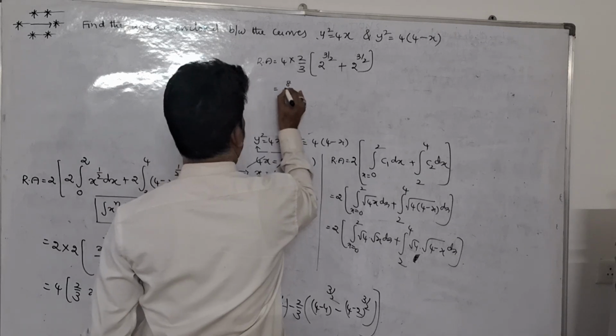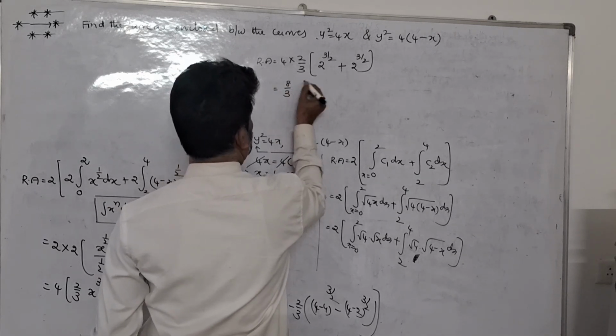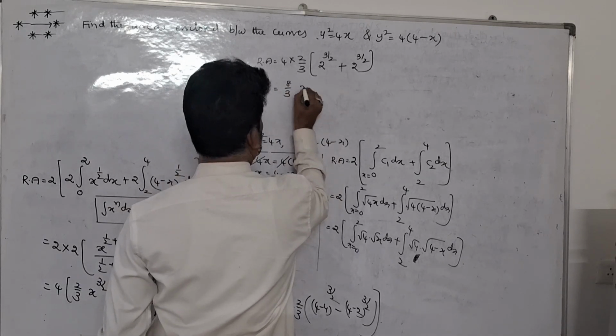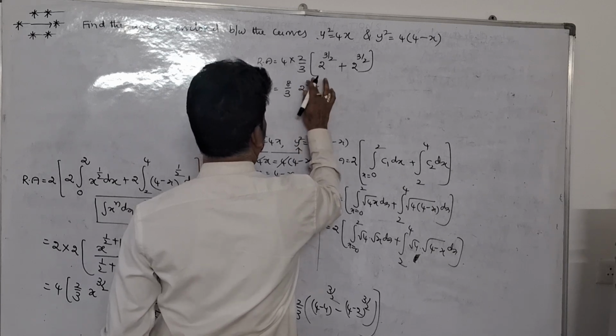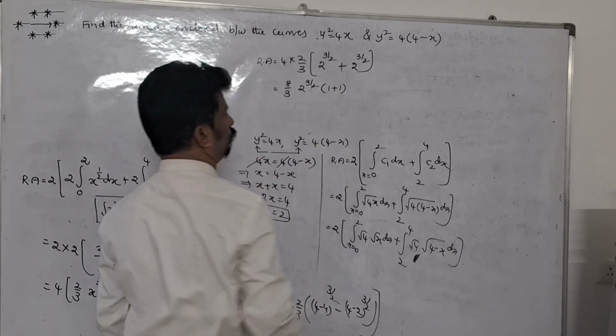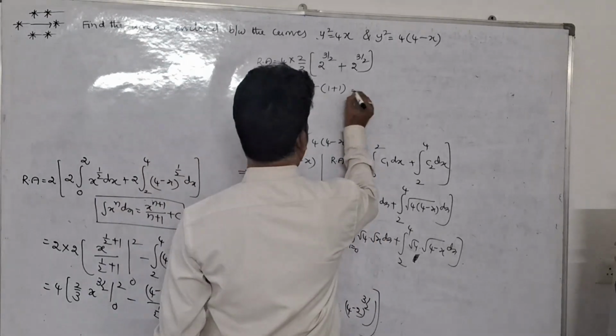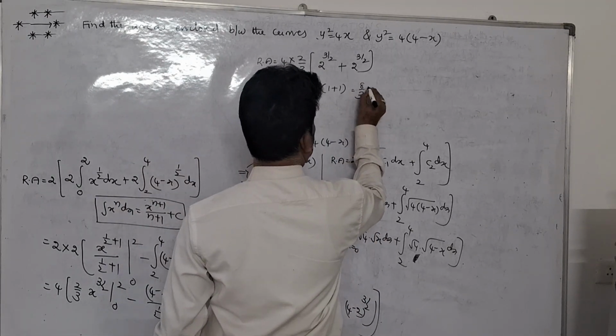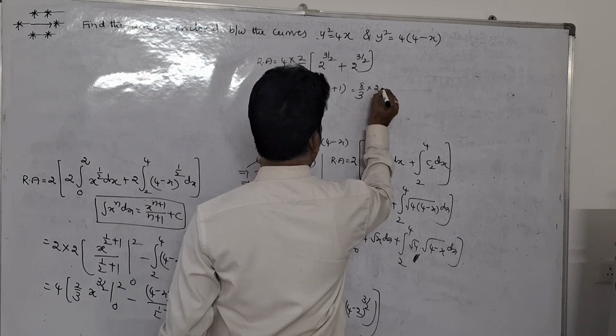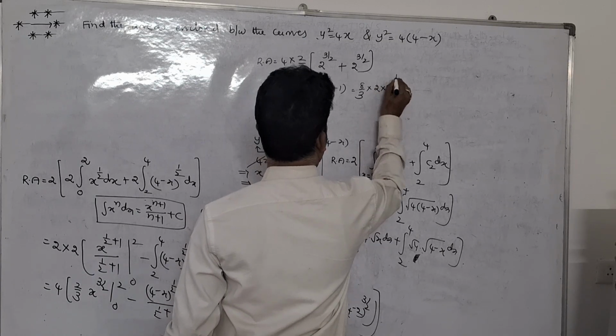Now this one is equal to 8 by 3 into 2 to the power of 3 by 2 common, 3 by 2, this one is 1 plus 1. Now this is equal to 8 by 3 into 2 into 2 to the power of 1 by 2.